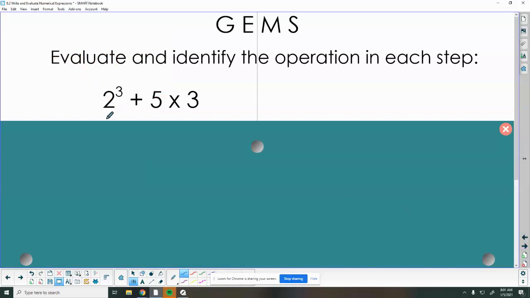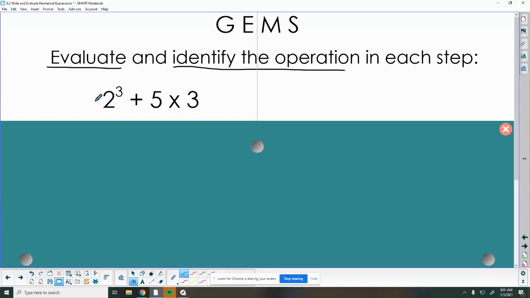So task 3, we're going to use our steps here, our order of operations, to evaluate, solve, and on each step, we want to identify what did we do. So this one here, we do not have any parentheses, so no groups. So exponents comes next.